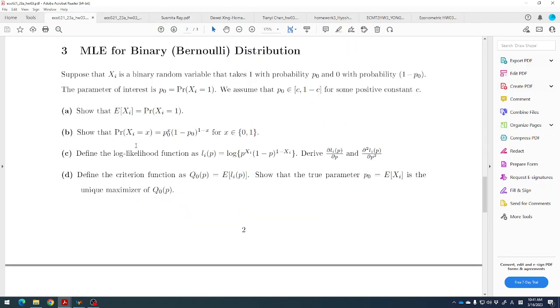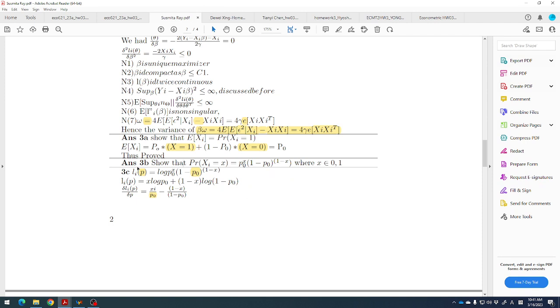And question C, just derivative thing, and finding the unique minimizer. So let me show you. Here, this is what I said. On the left-hand side, it's a function of p. P is a variable. But on the right-hand side, suddenly it becomes p0, which is a specific constant. So they don't match. The equality is not true.